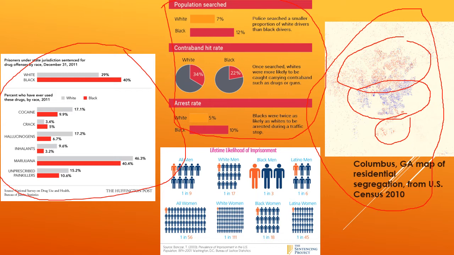Black Americans are sentenced and imprisoned for drug offenses at a much higher rate than white Americans. 1 out of every 3 African American men will spend time in prison during their lifetime. That's right here. While only 1 out of every 17 white men will go to prison during their lifetime.